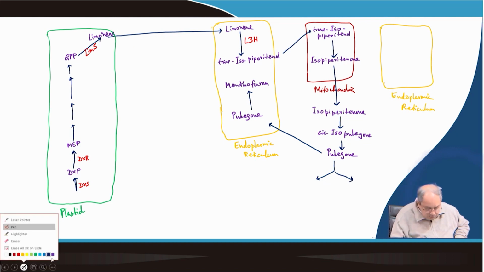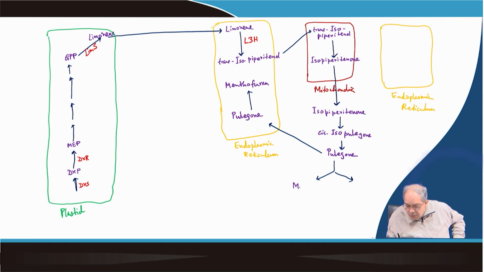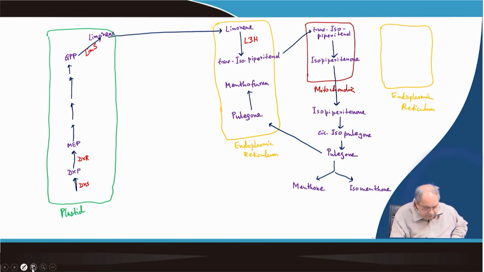Menthone or isomenthone. And from menthone, menthol is finally synthesized.